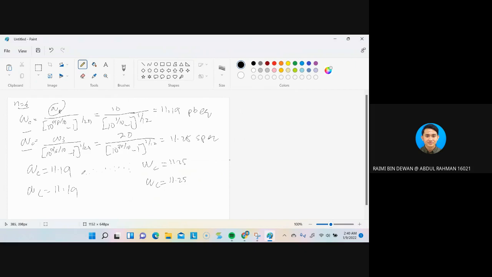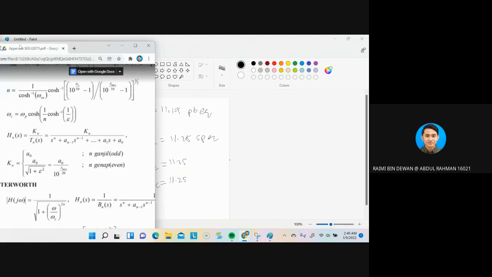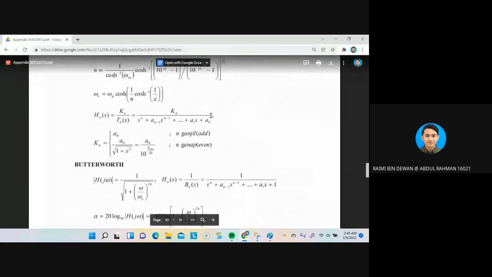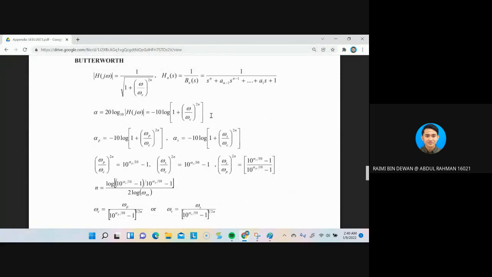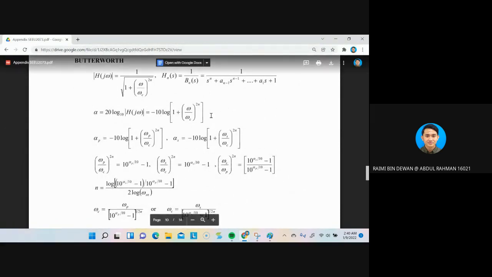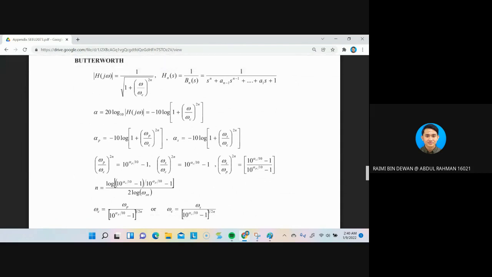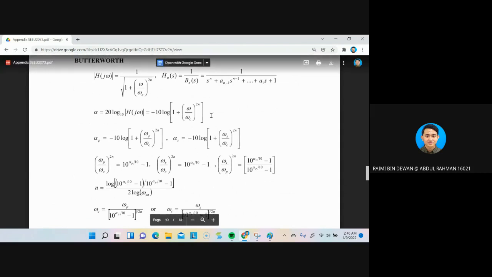Our alpha s and alpha p, you can calculate. Sorry, I try to go faster so that I save space. You can actually see from alpha p and alpha s what the value is after you insert omega p and omega c.